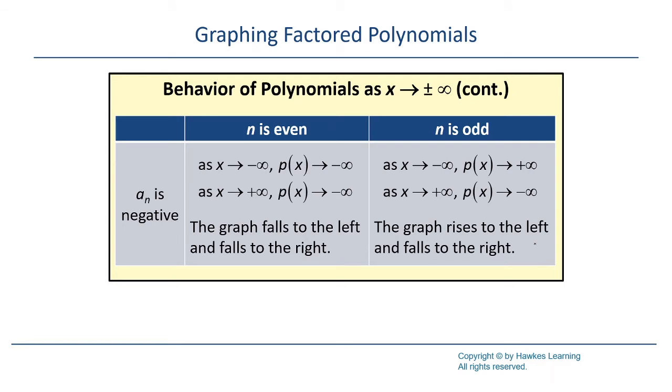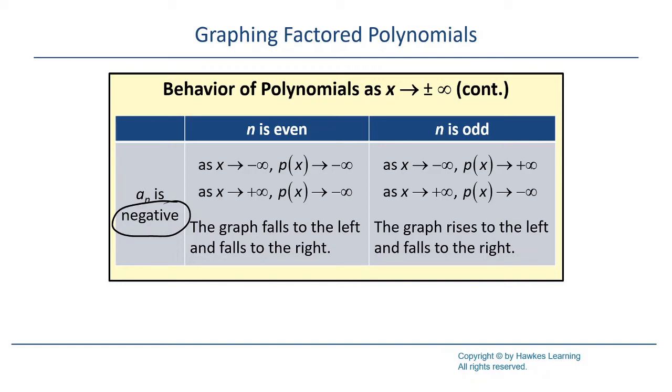Now, if the leading coefficient is negative, this is a key differentiator. Notice when n is even, though, they both still approach the same thing. That's the nice part about having an even function. An even function will constantly go to the same value on both sides.